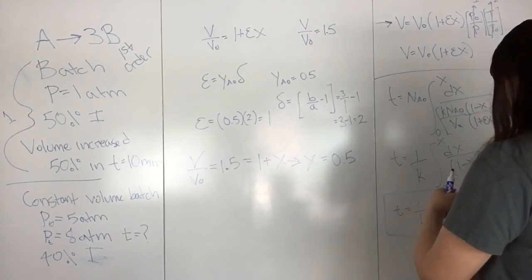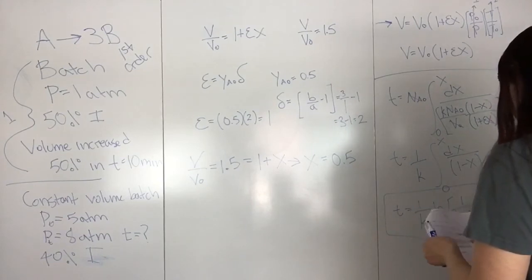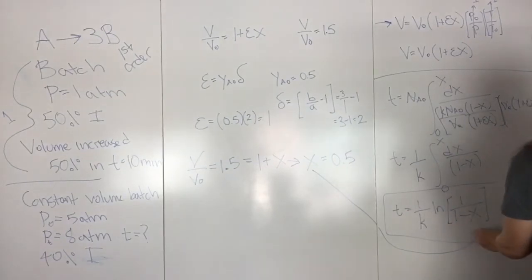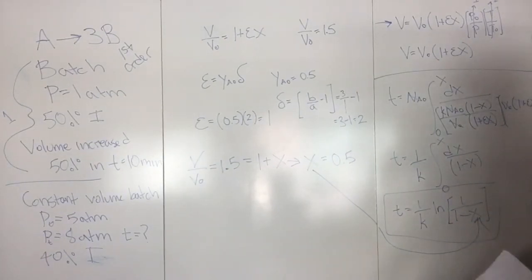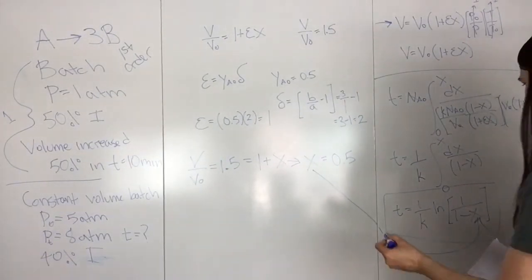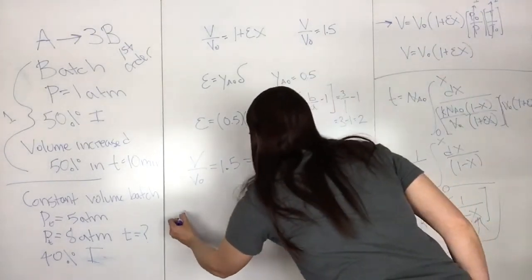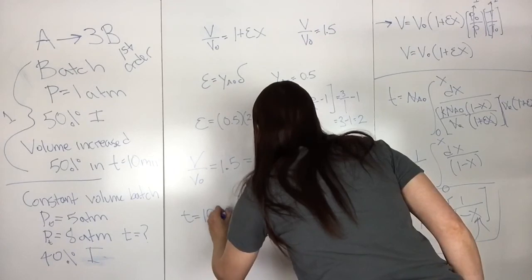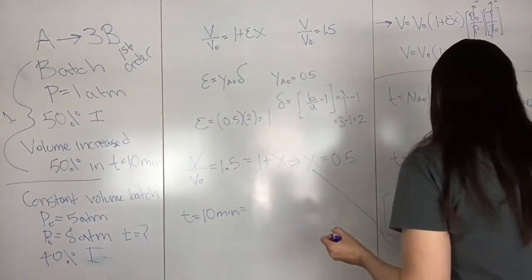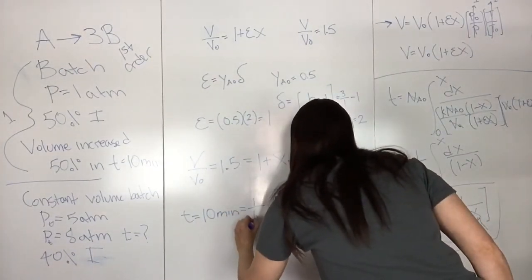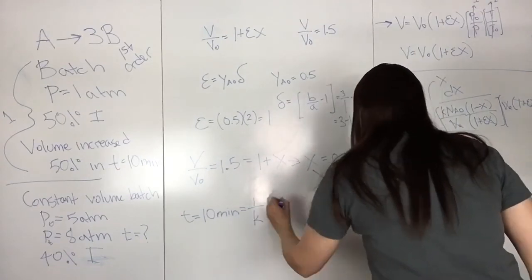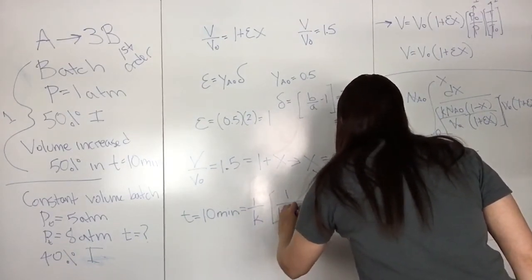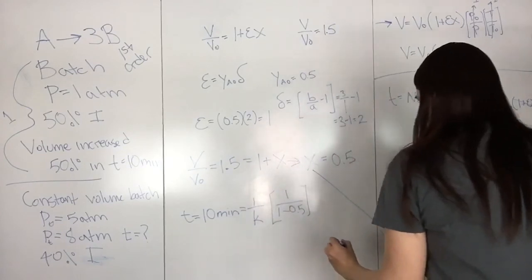So then we want to take this, plug it into there, and solve for K. So going back to this equation, we have T equals 10 minutes, and that is equal to 1 over K multiplied by 1 over 1 minus 0.5.